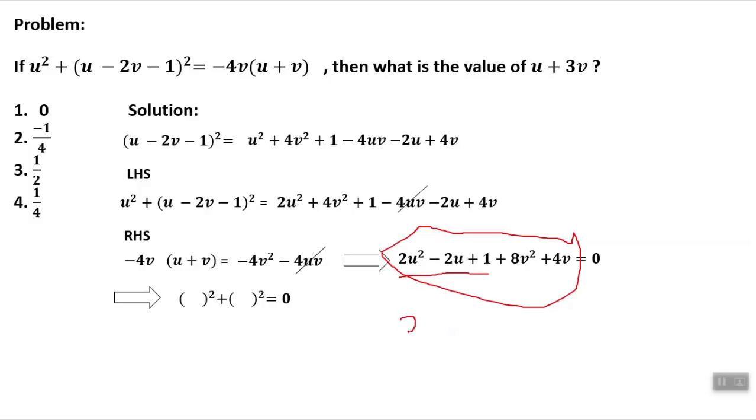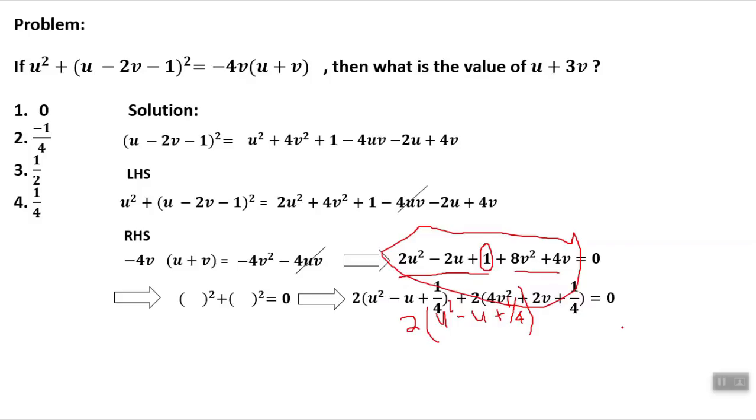If I take 2 as a common factor, then I begin with u squared minus u. Now to complete this square, I need 1 by 4 in the parentheses. So I have used 1/2 out of this 1 to complete this square, and the other half will now be used to complete this square, ultimately giving me this: 2 times u squared minus u plus 1 by 4, plus 2 times this, equal to 0.